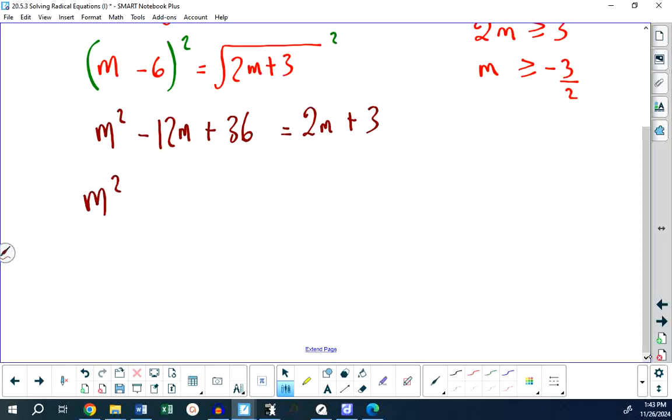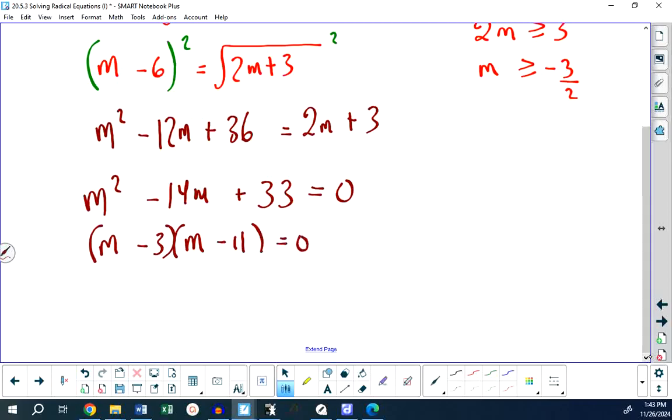Zeroing this because it's quadratic, I believe that's what I get, which factors into m minus 3, m minus 11. And that means the solutions are m equals 3 and 11.